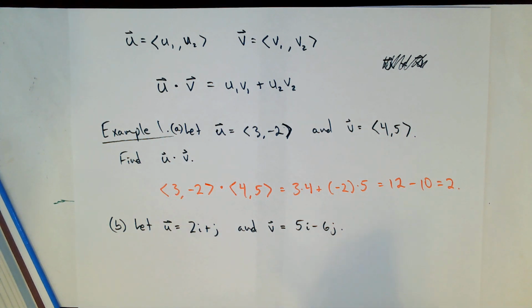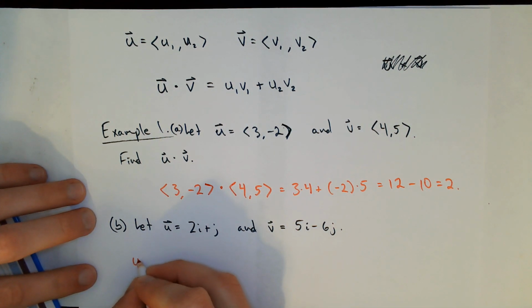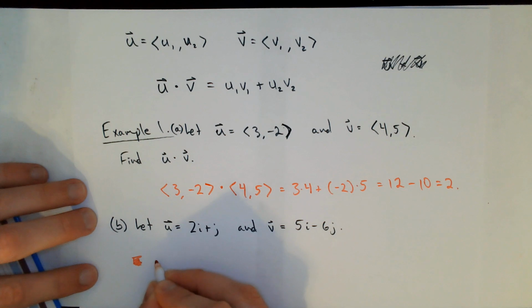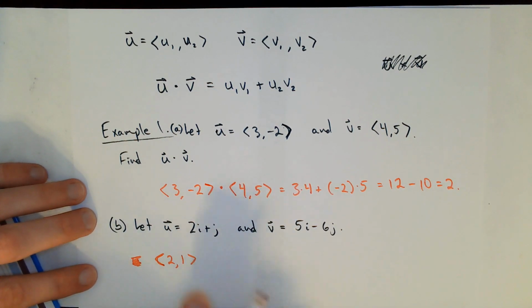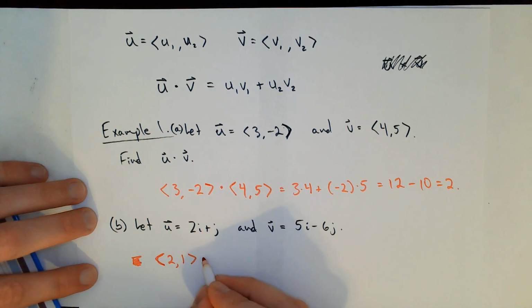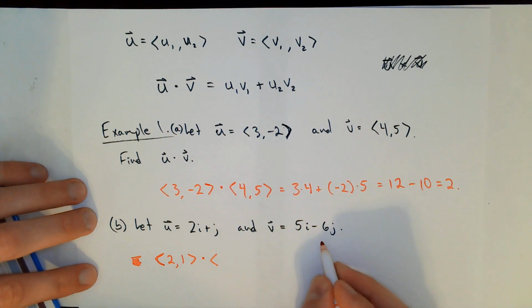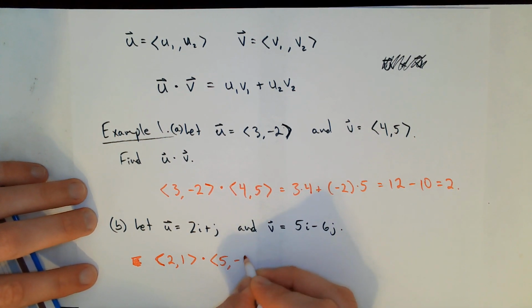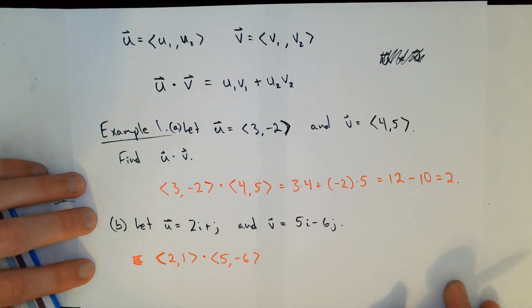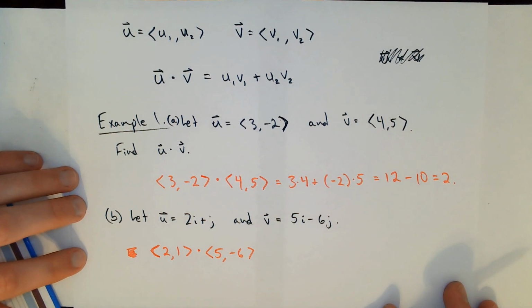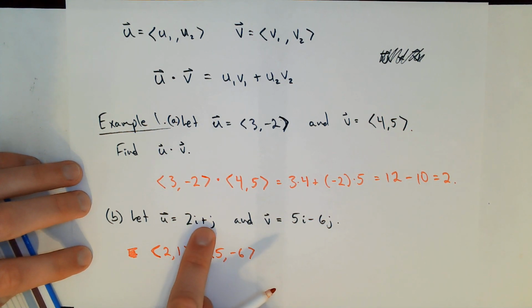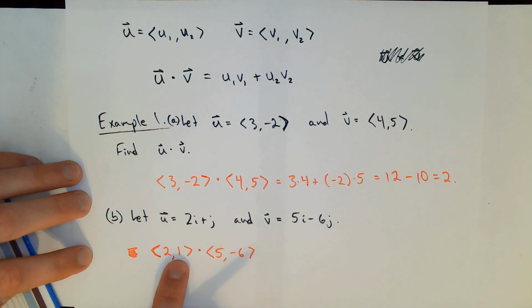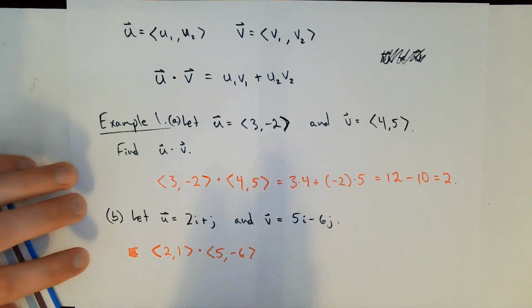So here we have vector u is 2, 1, dotted with 5, negative 6. So remember, that's how the ij form works.